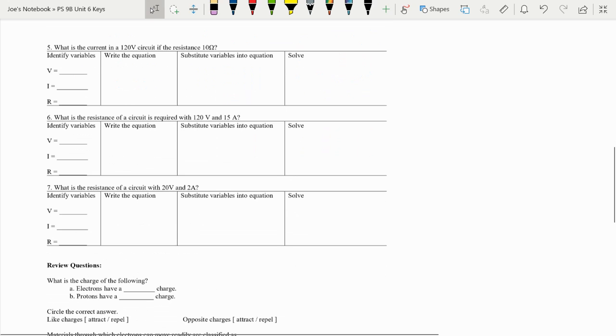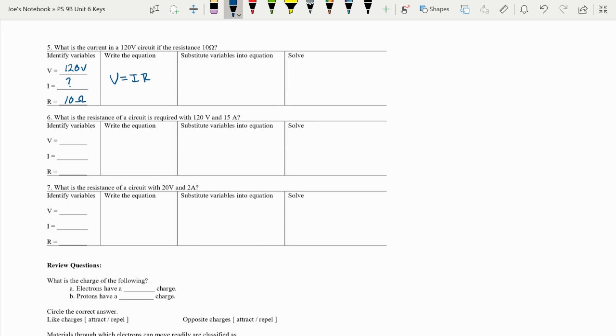Moving on to the backside. I believe it's the backside. What is the current in a 120 volt circuit if the resistance is 10 ohms? Again, we're looking for current, so I'm going to put a question mark there. We have 120 volts and 10 ohms of resistance. V equals IR.